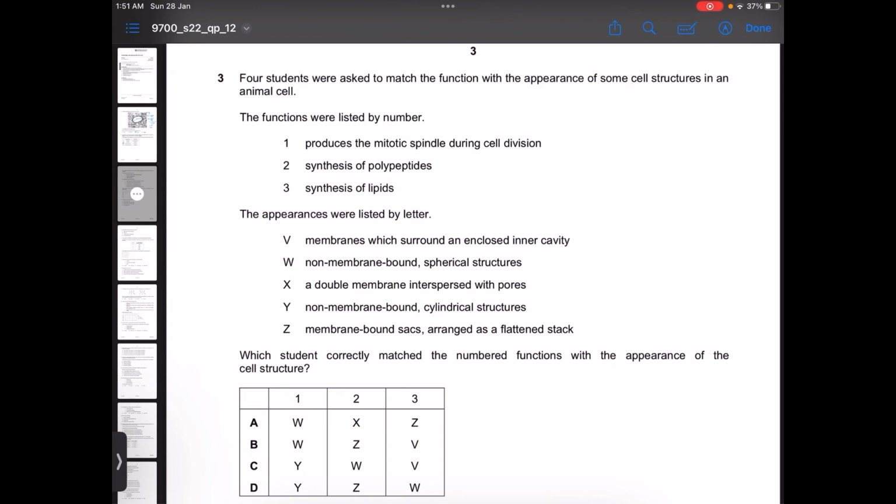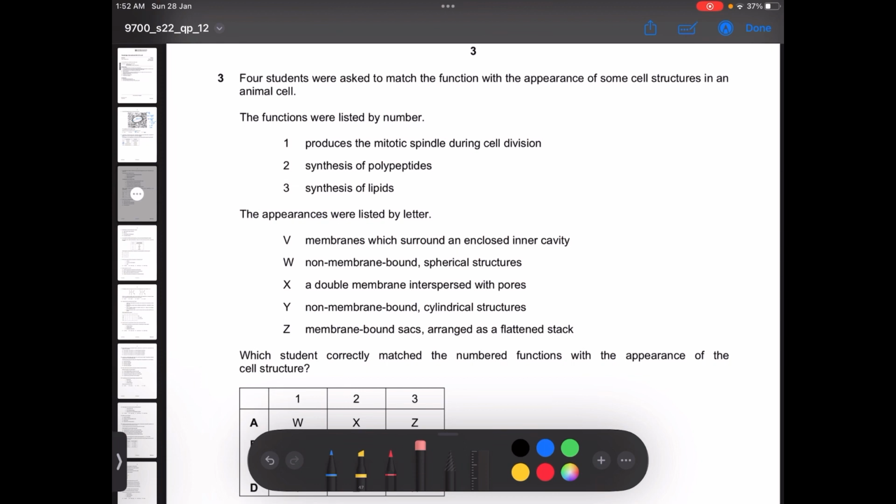Produces the mitotic spindle during cell division is basically centriole. Synthesis of polypeptide, so basically rough ER is responsible for this function, so it is rough ER or ribosomes. And synthesis of lipids is smooth ER, or smooth endoplasmic reticulum.